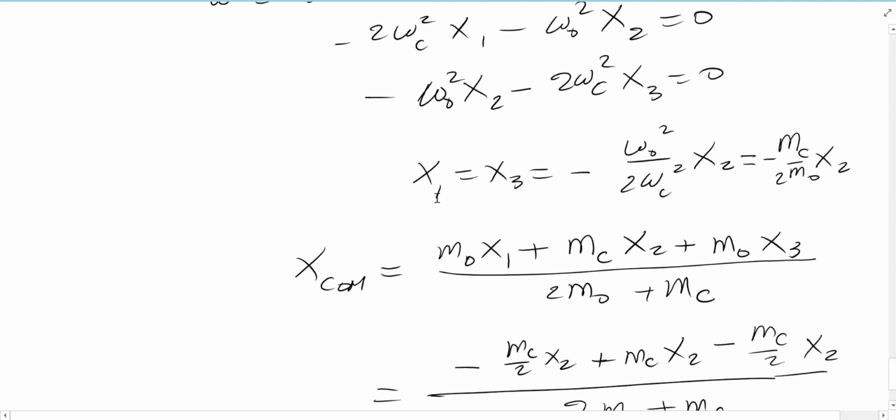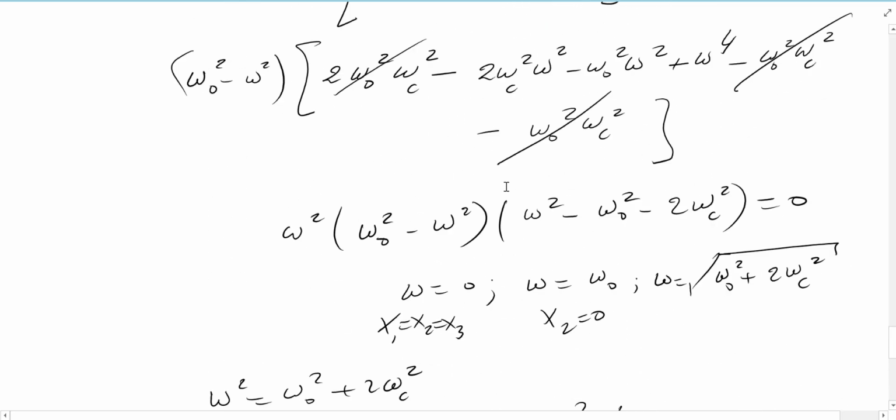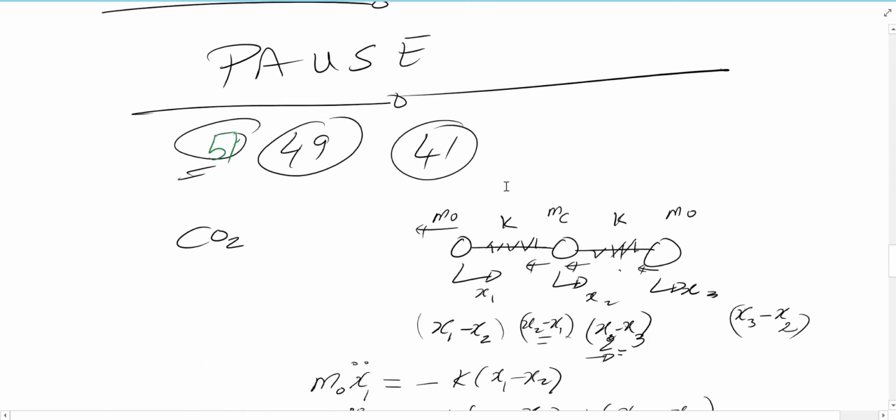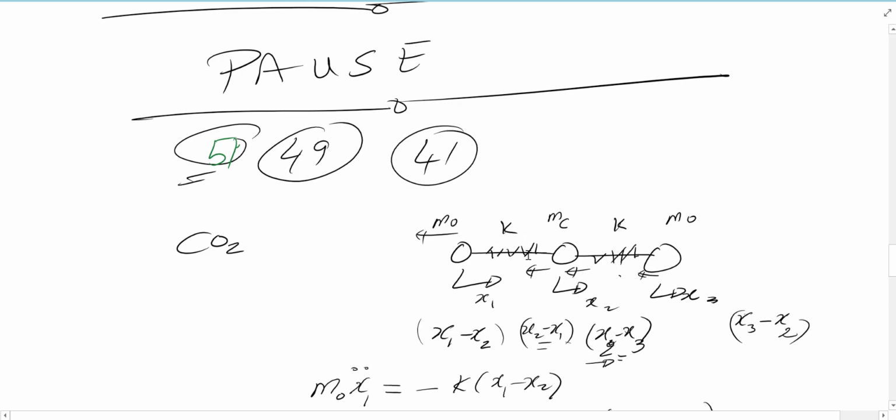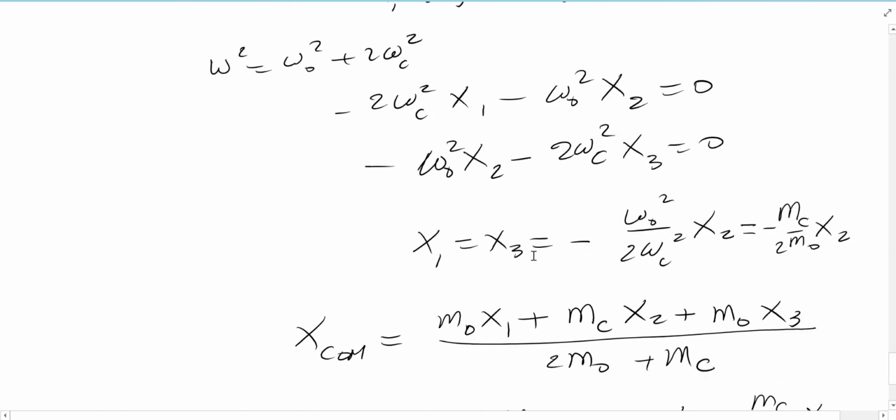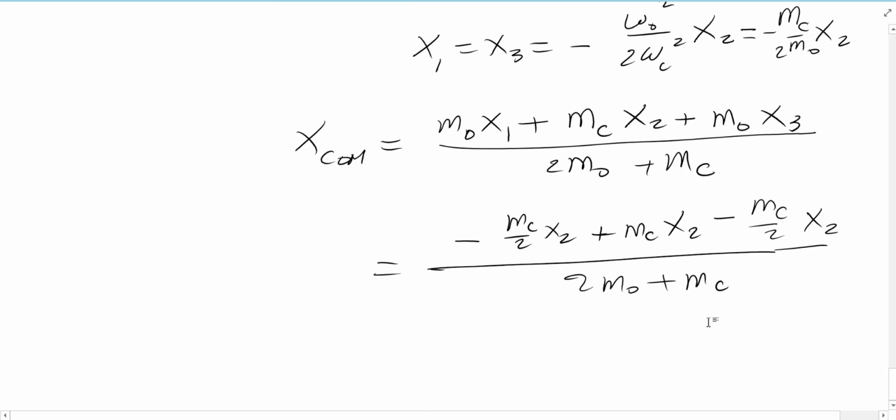But they move in such a way that x1 and x3 will move together in the same direction, to compensate for the motion of the carbon atom in the opposite direction. So this is in a nutshell basically what this mode is all about. The center of mass doesn't move, and whichever way the oxygen moves, the carbon moves the other way, in the opposite direction. So basically this is in a nutshell the mode that they want us to find.